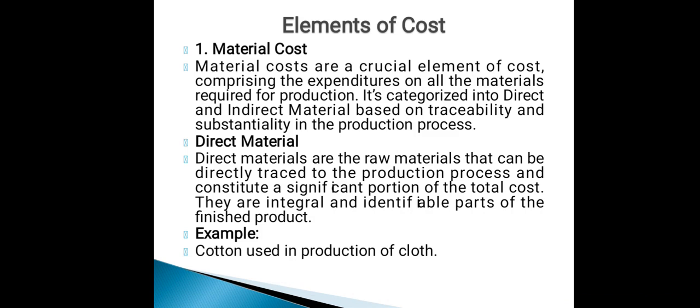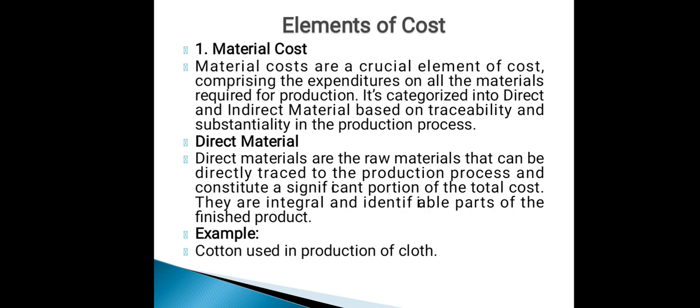First, we see the material cost. It is the duty of the cost accountant to find out how much amount they have spent in each element. So first, let me explain the material cost. Material cost plays a major role in the total cost of a product or service.